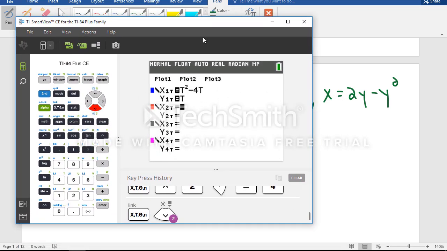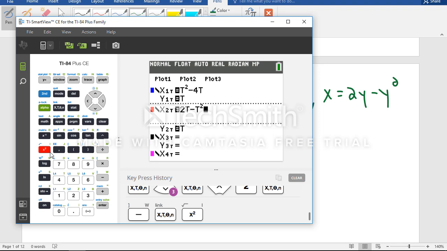So this is a cool little workaround for graphing x's as functions of y. So I'm going to do the same thing for the second equation. I'm going to come down to y, let that be the parameter t, and then I'm going to graph 2t minus t squared, and that should give me those graphs.